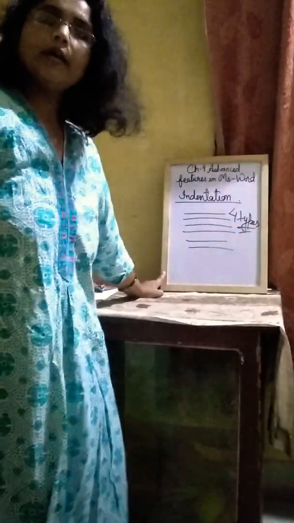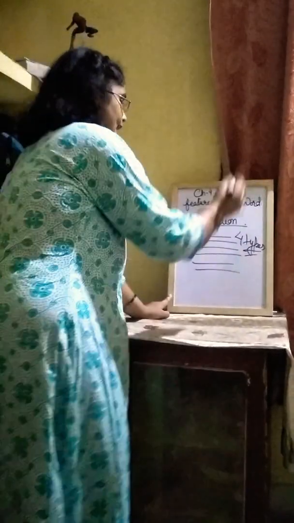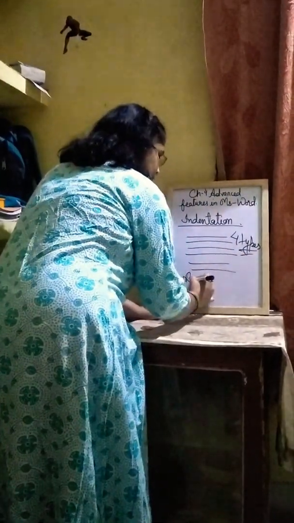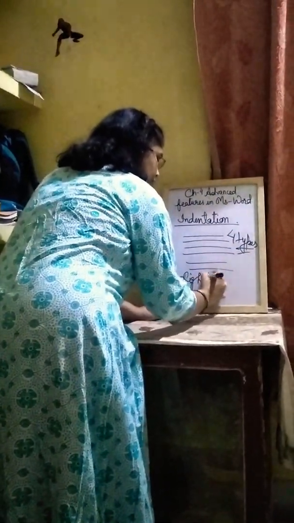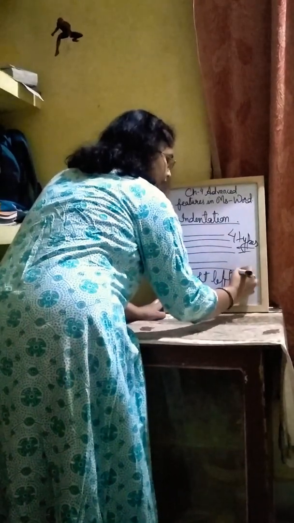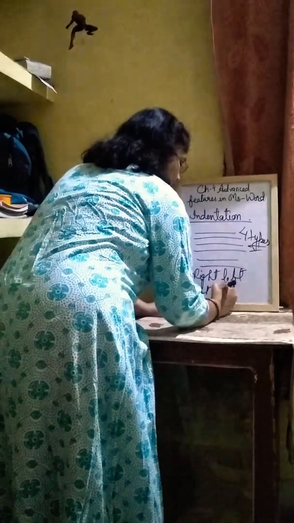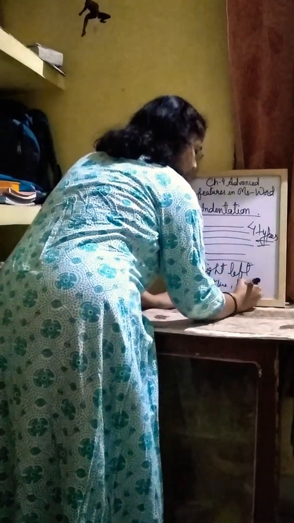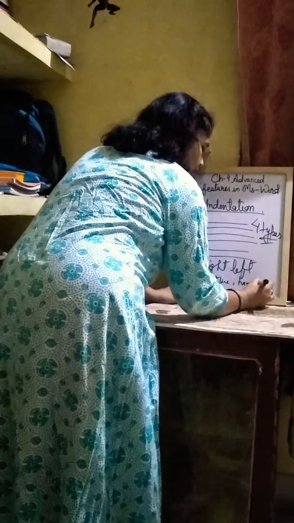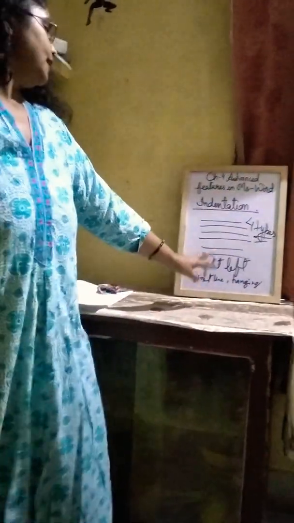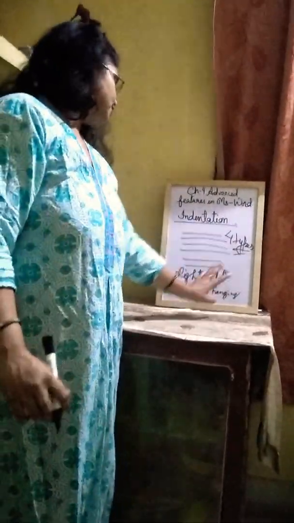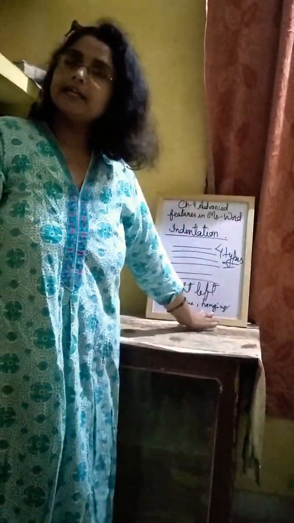What are the 4 types? Right, left, first line and hanging. Right, left, first line and hanging indentation.